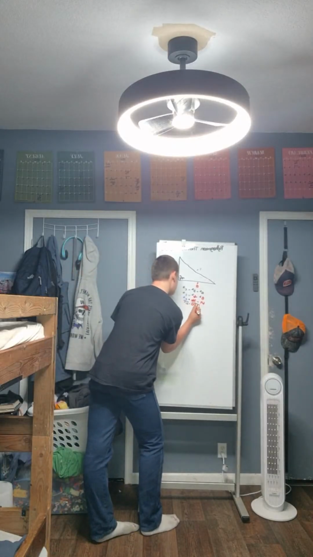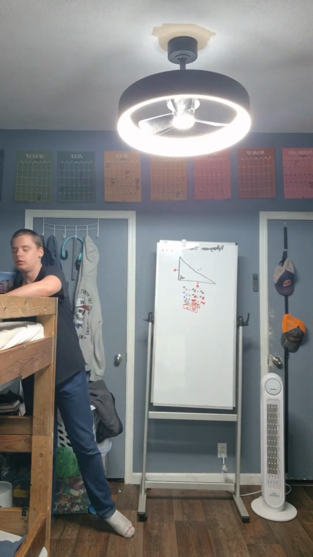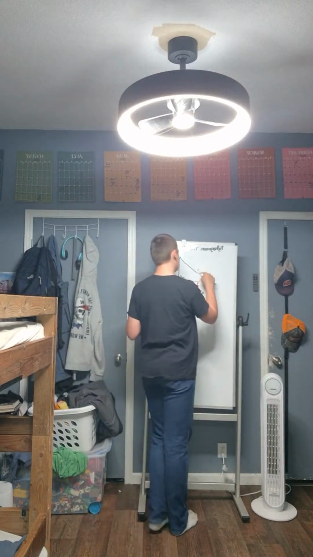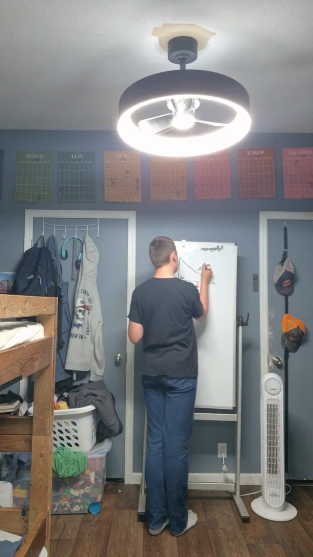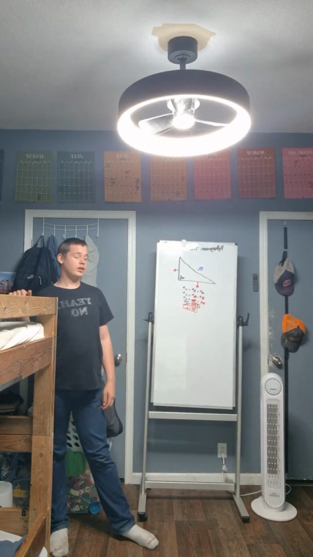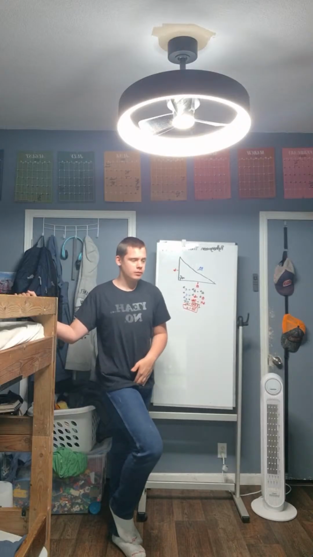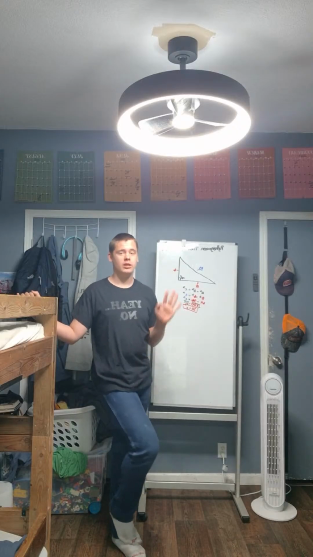So 10 equals c. So now we know that 10 squared is 6 squared plus 8 squared.